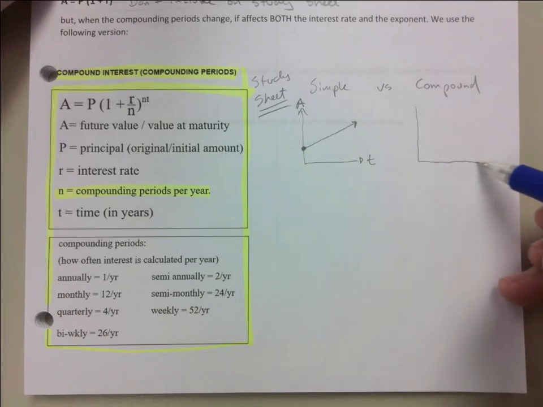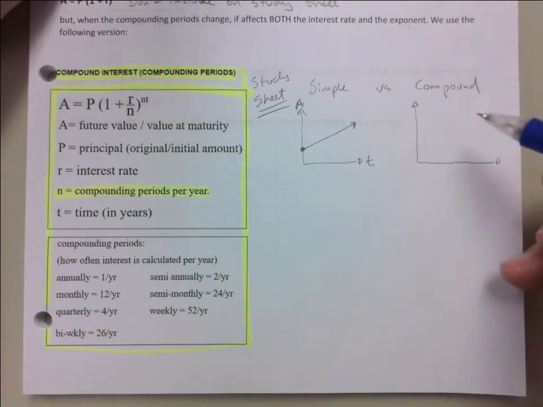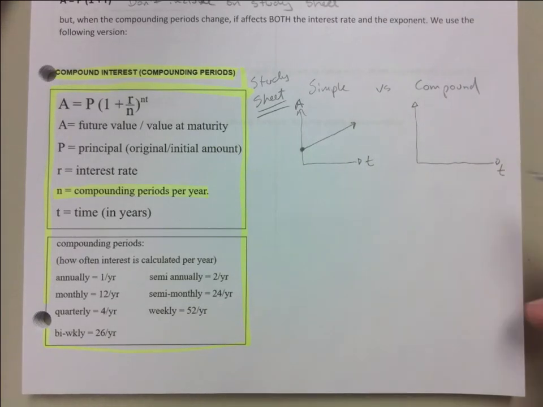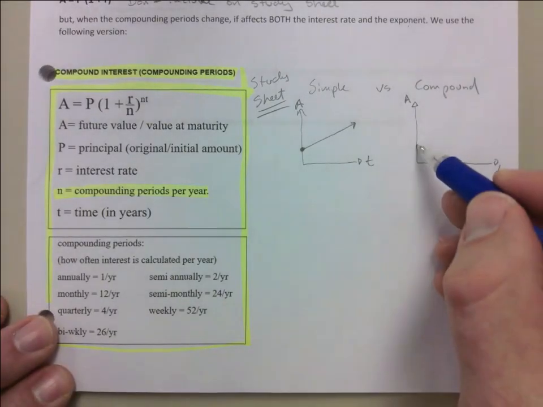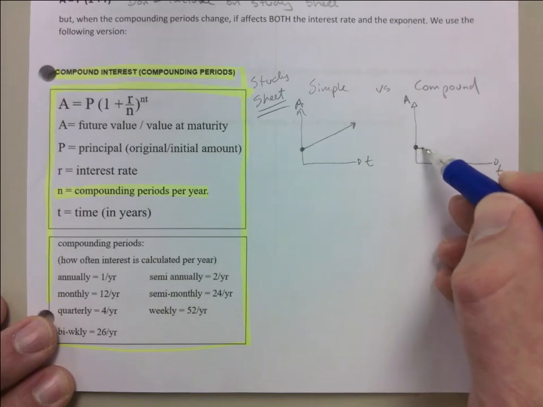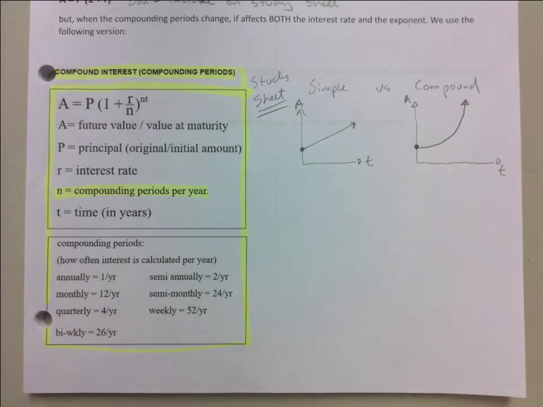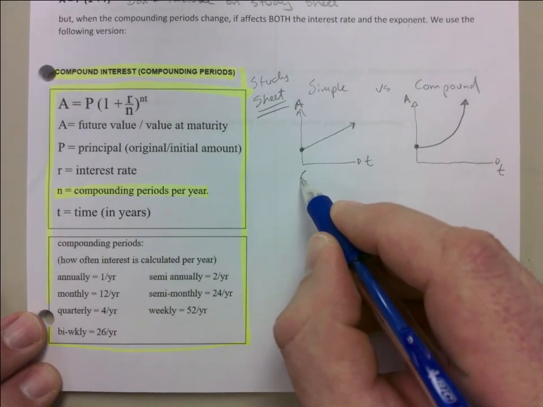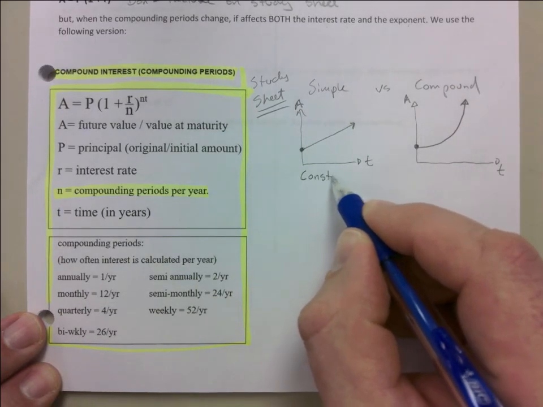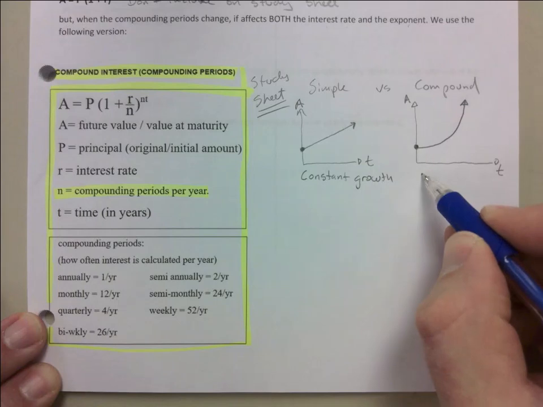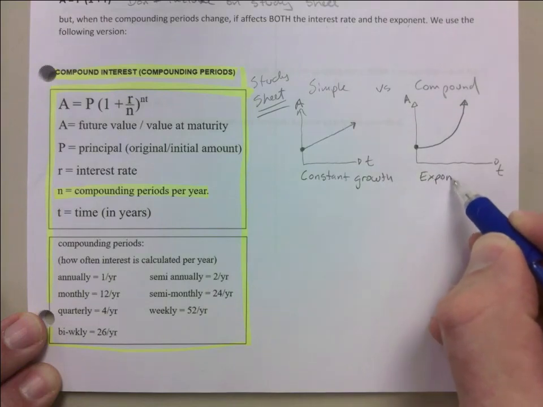If you were to graph a scenario where interest is compounded and you compare time and the amount that you have, it would start like this and then curve up exponentially. That's why it's exponential growth. So under the graph, I'll say constant growth. This is exponential growth.